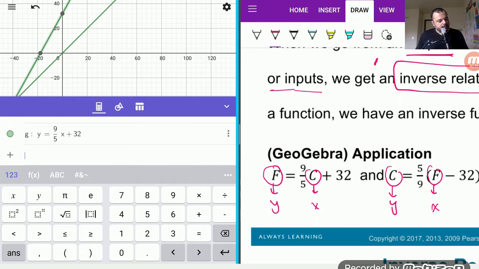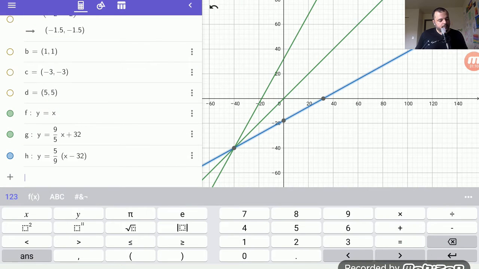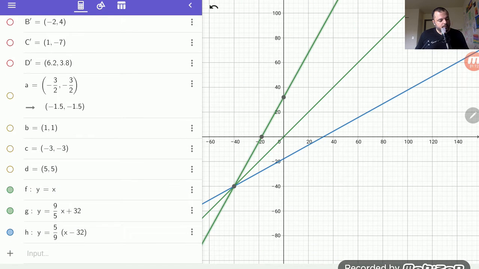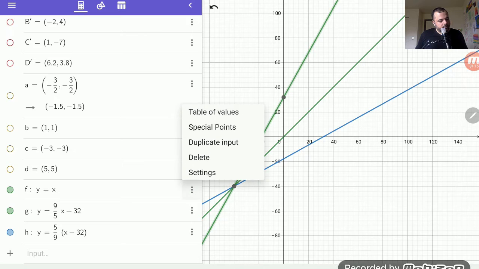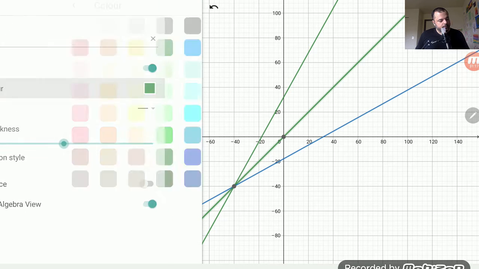Now the second line, I'm going to say y is equal to 5 divided by 9 times, again, parentheses, x minus 32. Enter. So let's go there. Okay, now we have 3 lines. The first one I'm going to change the color because I want to see something else.